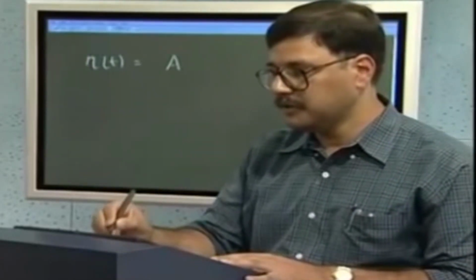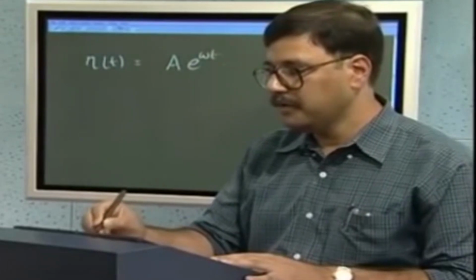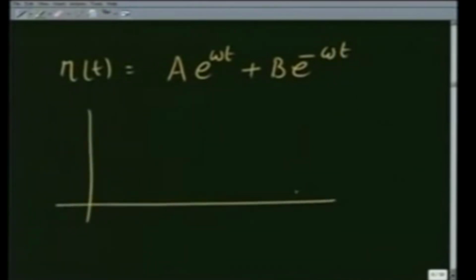Also, once I get the general solution, an interesting situation is this. Recall the solution is a e raised to omega t plus b e raised to minus omega t. I am going to ask, can I start the bead from a distance r0 and give it a velocity in this direction so that the bead never moves out, and keeps on moving in?